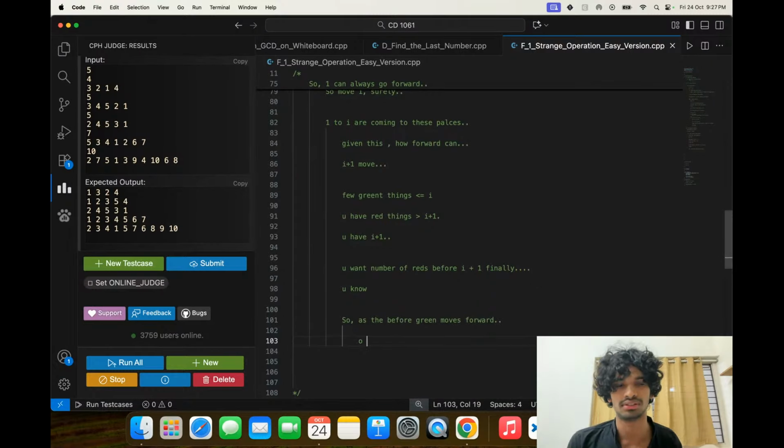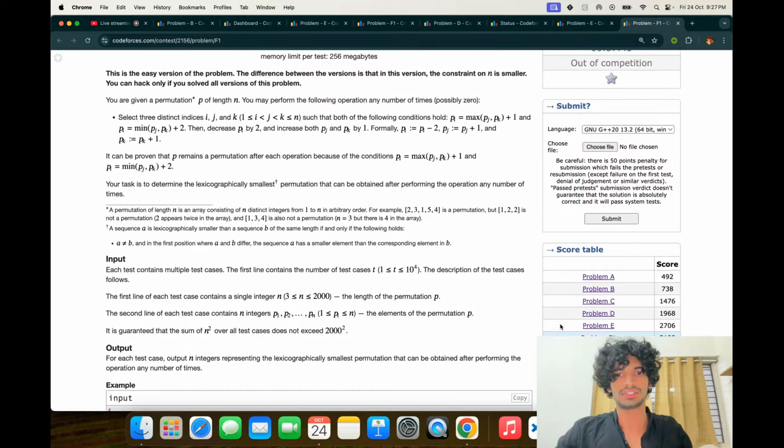So I think I am able to do this. I am able to get this, understand it a bit.